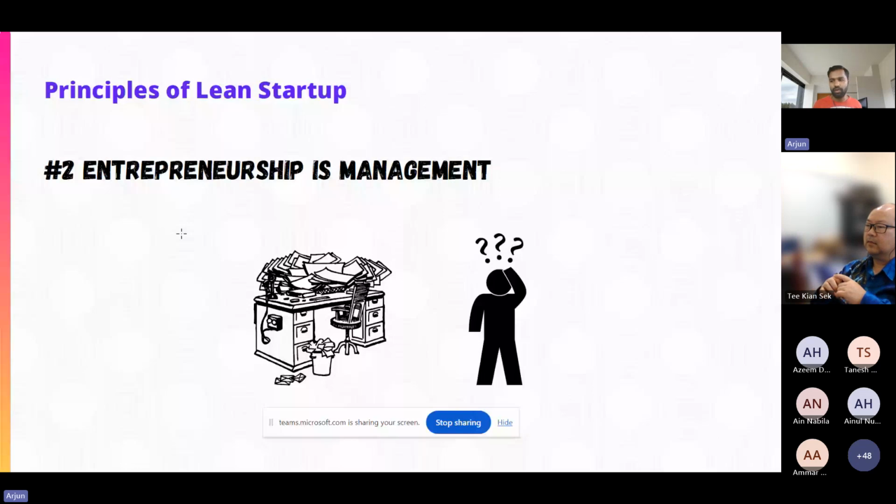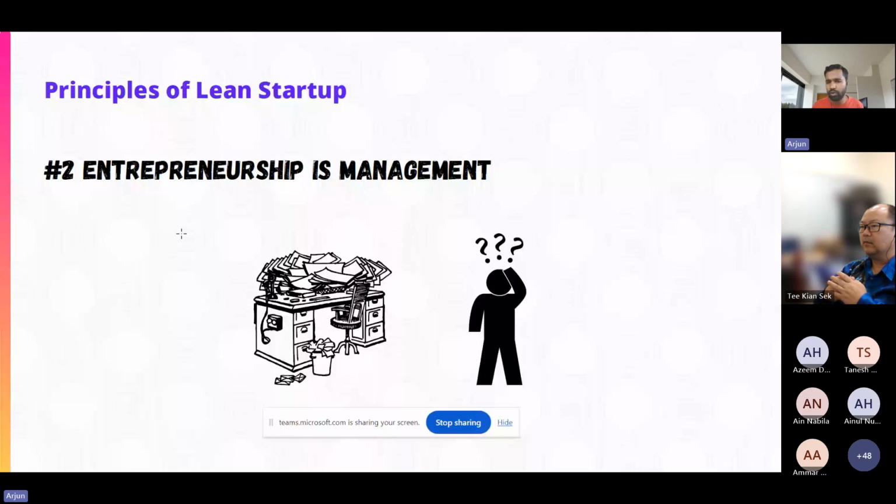Then, entrepreneurship is basically management. When you become an entrepreneur, you are going to deal with many different things. When you start up a company, you deal with all the regulations of starting a company. You are the HR for your company, where you hire people to join. You build all the products, so you are basically the CTO, guiding the technical direction of the company.